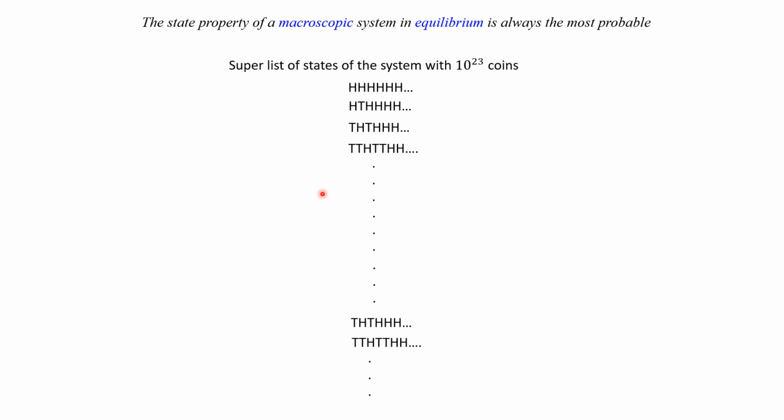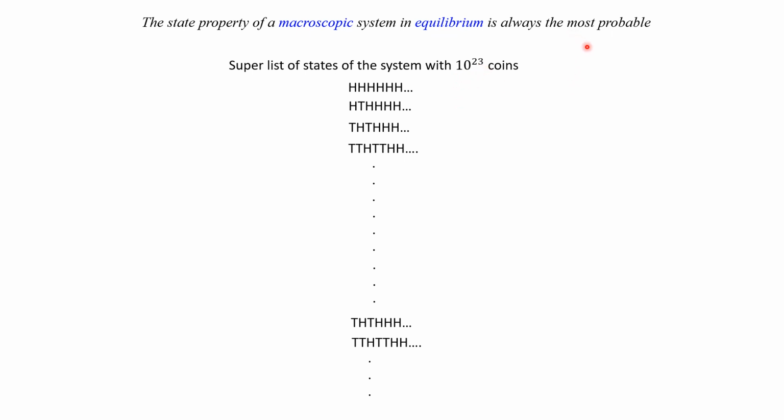somewhere here. So the system can access all of the states with equal probability, and the states keep changing all the time. So even though all states are equally probable, and even though the states keep changing all the time, we know that the energy, the property of the system, will be the most probable one, just because there are so many more states having the energy 10 to the 23 divided by 2 than states having other energies, that it is guaranteed that the energy of the system will be 10 to the 23 divided by 2.